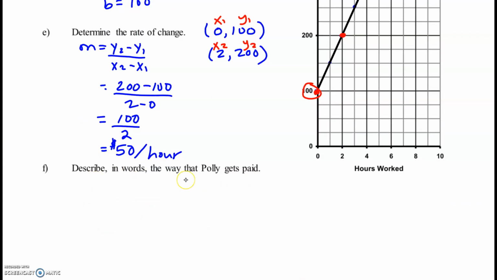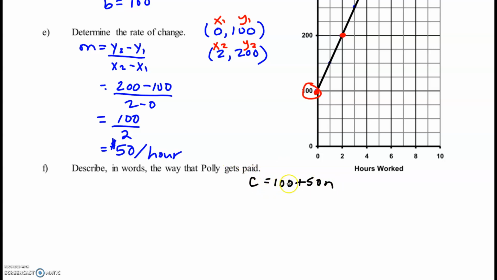All right, describe in words the way Polly gets paid. So I'm just going to rewrite the equation down here. So when I do the description, I'm going to use this to help me. So if this wasn't a real life situation, I'd say it's a partial variation with a slope of 50 and a y-intercept of 100. But it is a real life situation, so I need to make sure that I make it clear how this equation describes a situation.